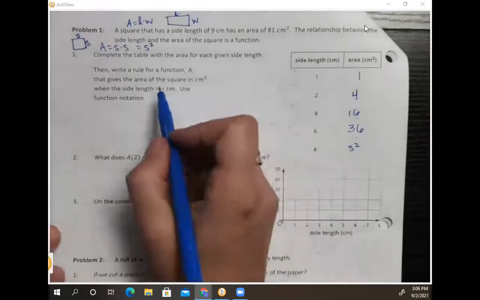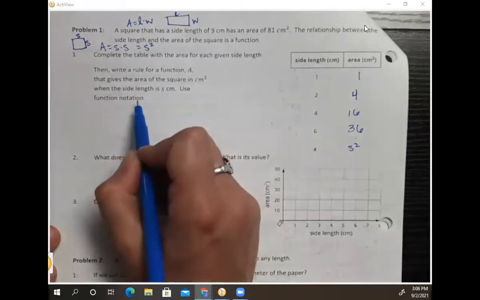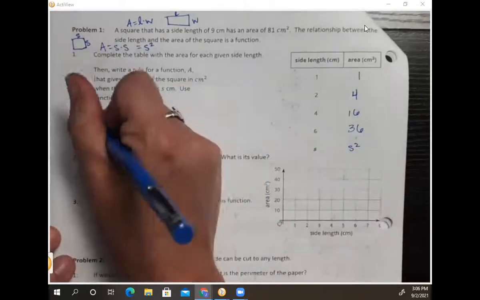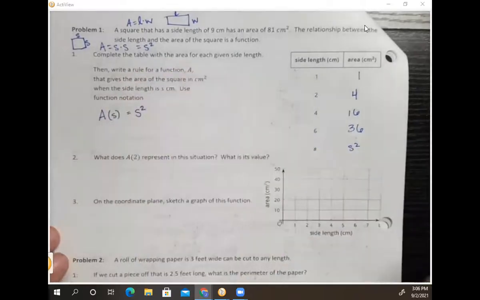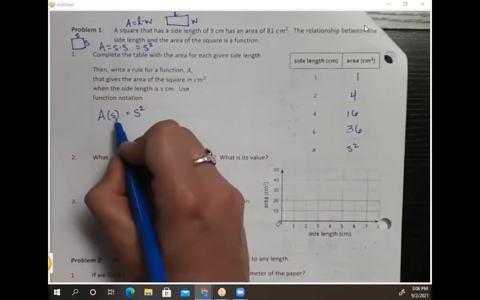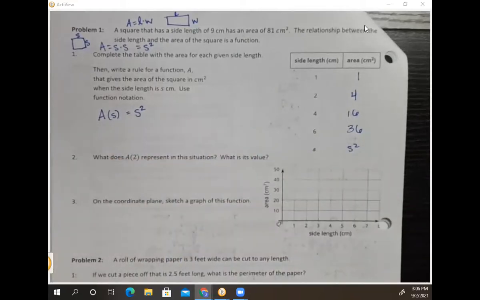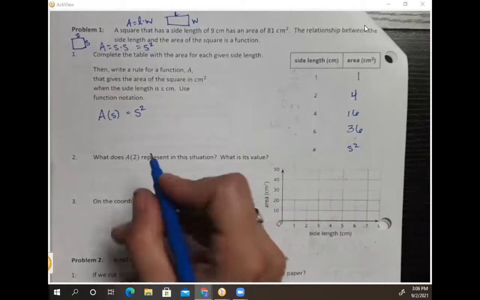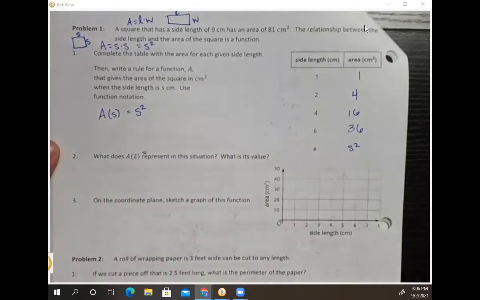So now I can write a function based on this. So this says write a function A that gives the area of the square when the side length is S. So this would be A of S equals S squared. The area based on the side length would be the side length squared. Does that make sense? Okay. So A of 2, that's in our table. What is A of 2? A of 2 is equal to 4, right?